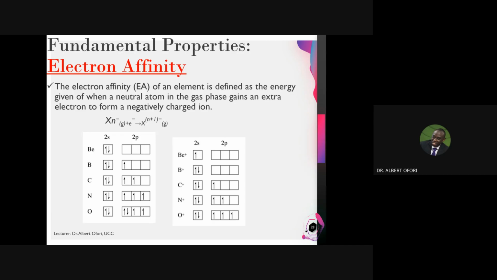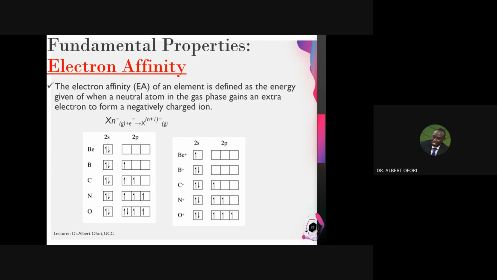Now again, since you brought in the concept of male and female, let me use that again. There's a strong attraction between a boy and a girl. Then there's another boy who wants to remove the girl from that boy.